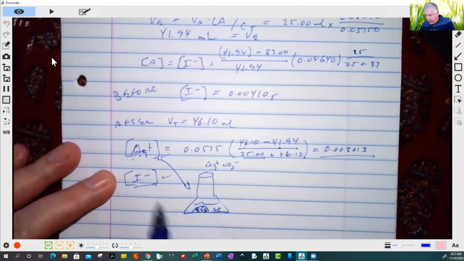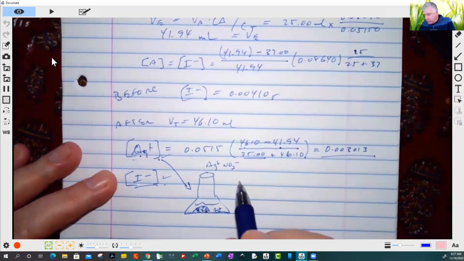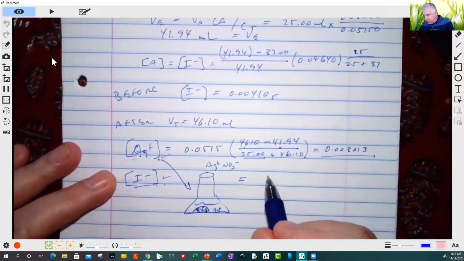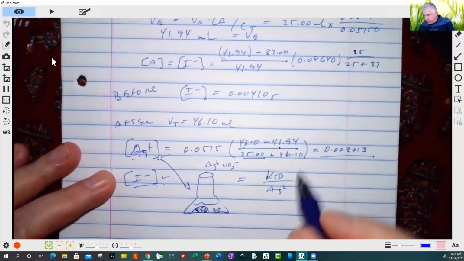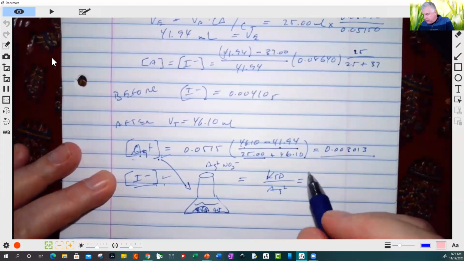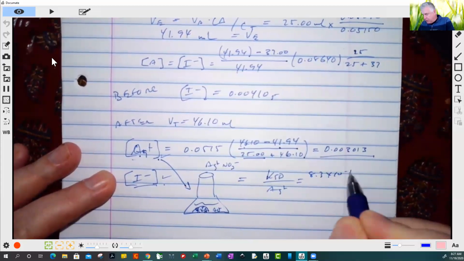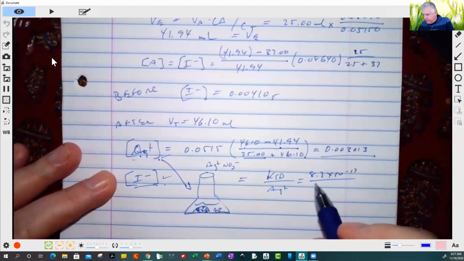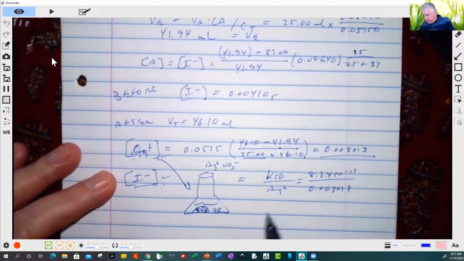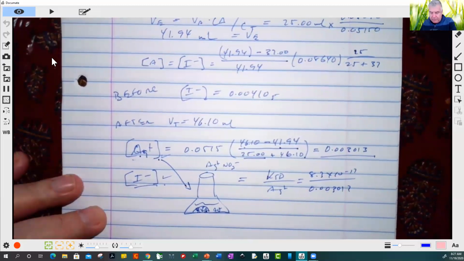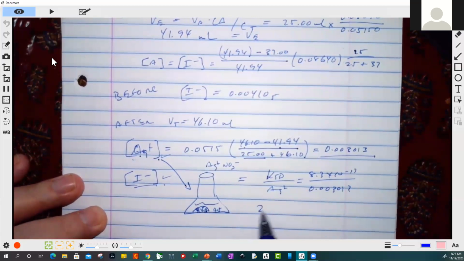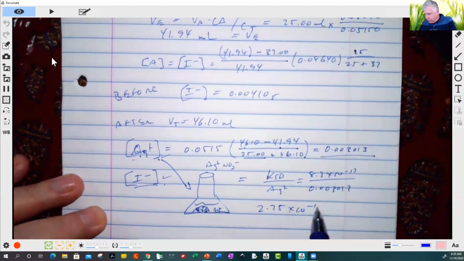Therefore, we're going to calculate it using KSP. I minus equals KSP over Ag plus, which equals 8.3 times 10 to the minus 17 divided by 0.003013, which should equal something really super small: 2.75 times 10 to the minus 14.